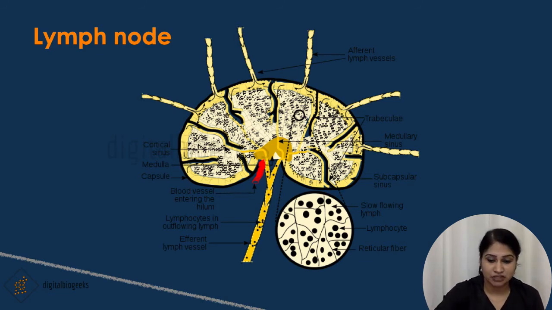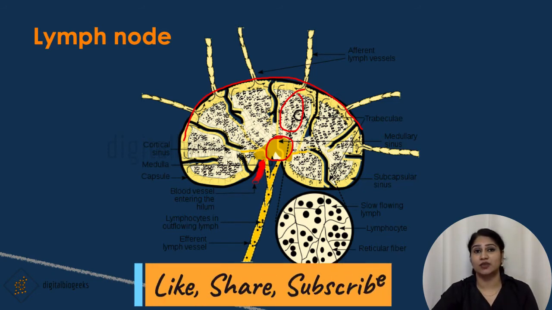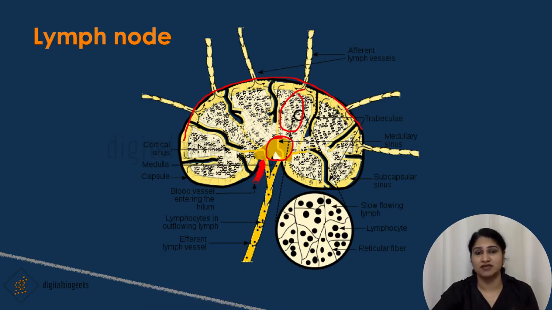They contain major regions like the outer connective tissue capsule, cortex and medulla. Cortex contains inactivated T and B lymphocytes. Medulla contains large blood vessels, sinuses and medullary cords. These medullary cords contain cells like antibody secreting plasma cells, B cells and macrophages.